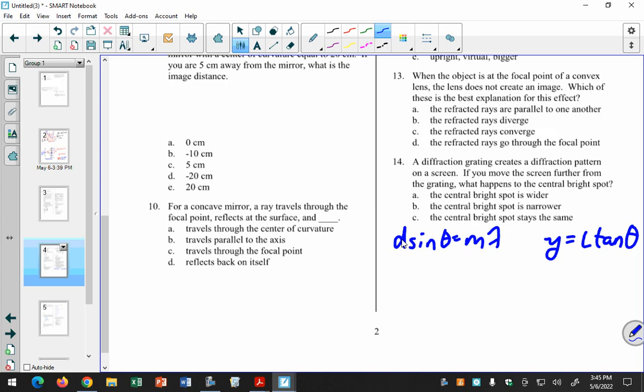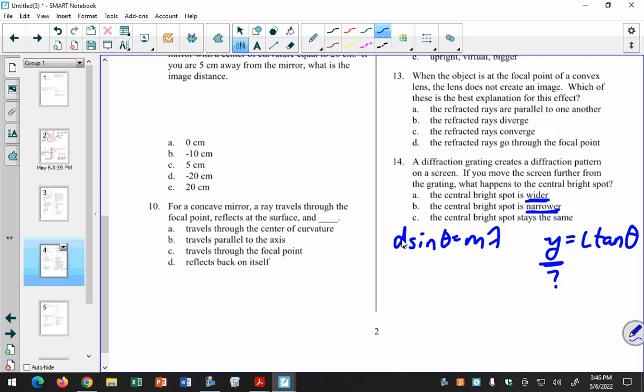If I talk about the width of the central bright spot, if it gets wider or narrower, I'm really asking you what happens to y. If it gets wider, that means that y gets bigger. If it gets narrower, that means that y gets smaller, right? Because y is the distance to those different orders.